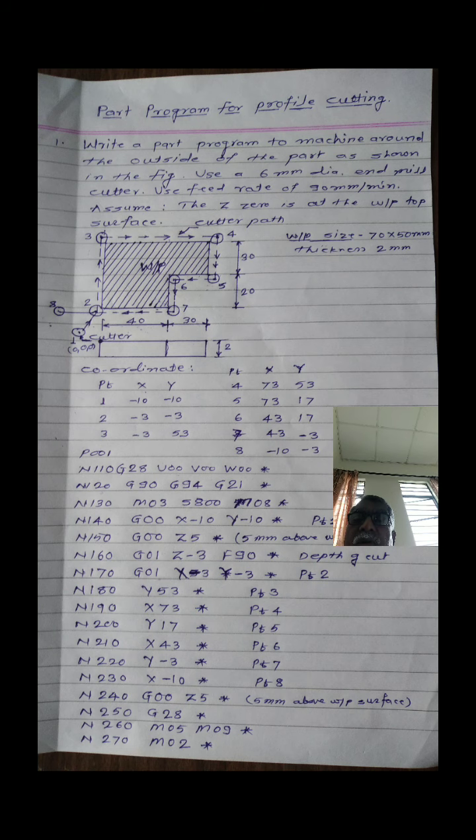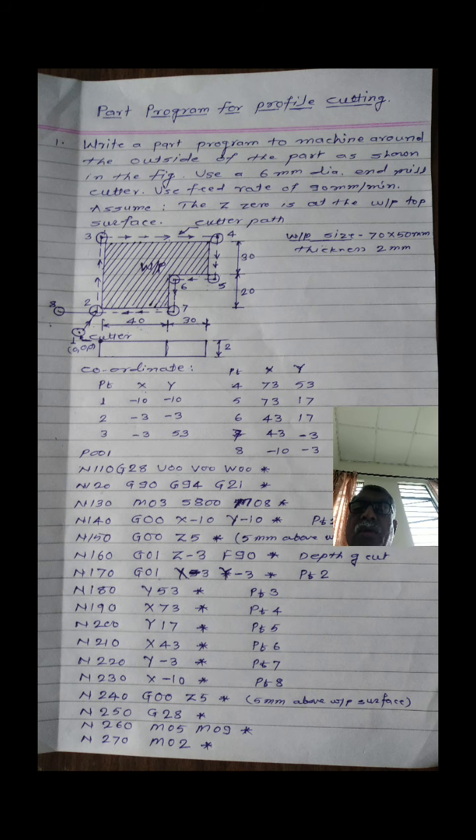Similarly, move the tool from point 3 to 4. Here, what are the coordinates of the point 4? 73, 53. Here the y coordinate remains the same, so it is also not necessary to mention it again.